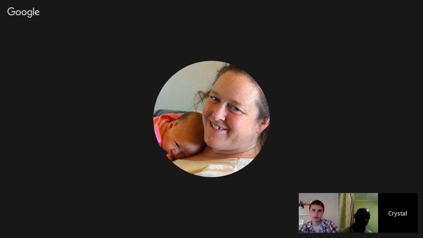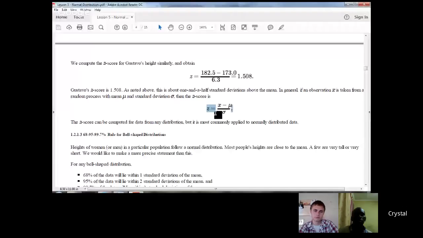This is the equation we plugged it into. We put the z-score in, and x is unknown, along with our mean and our standard deviation.